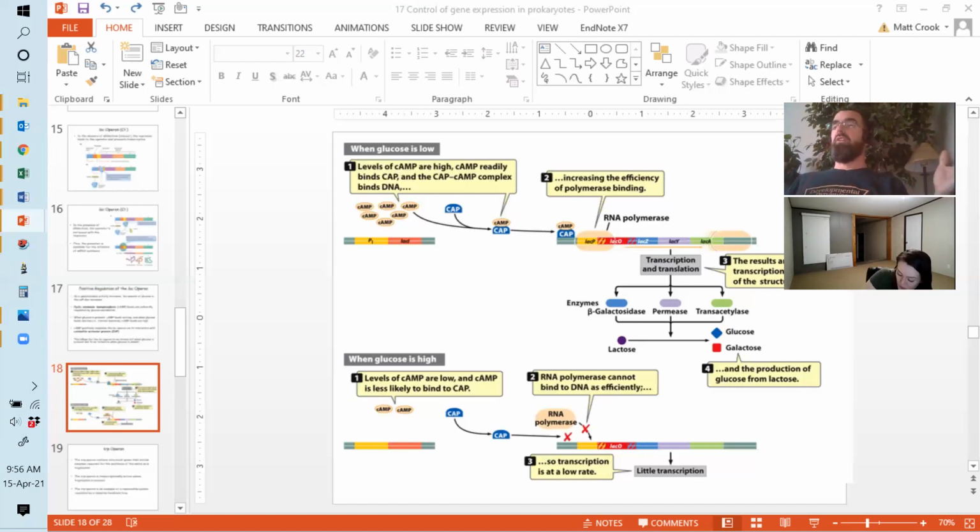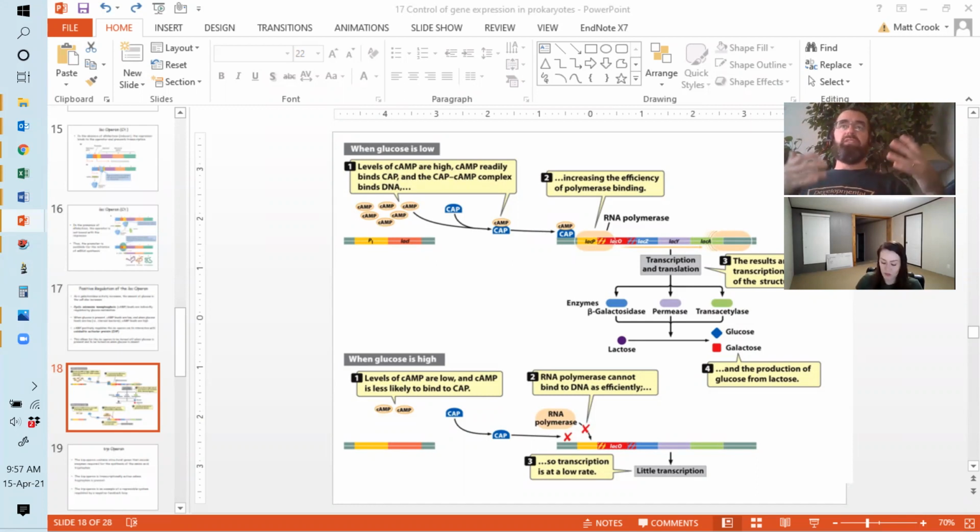Right, so it's almost like computer programming in a way. We've got a whole bunch of logic going on here. Glucose levels are low. Cyclic AMP is high. Cyclic AMP and CAP protein go together and increase lac operon expression.